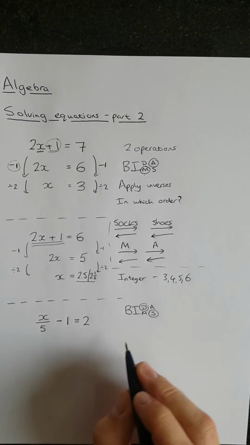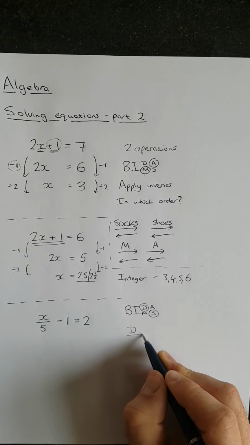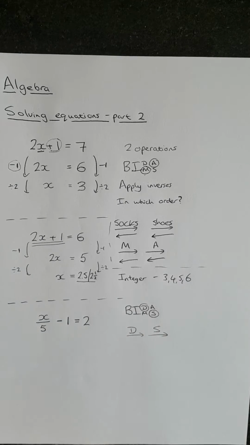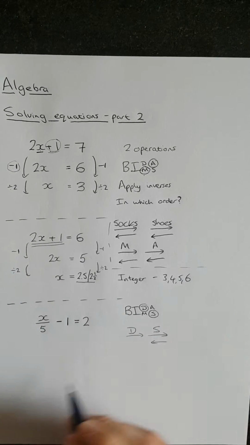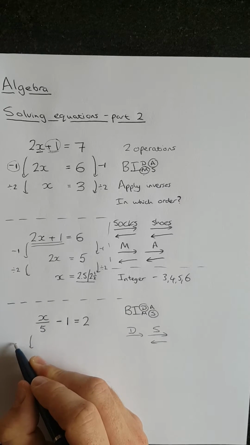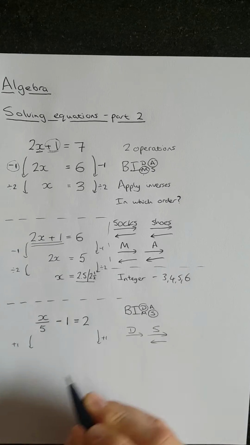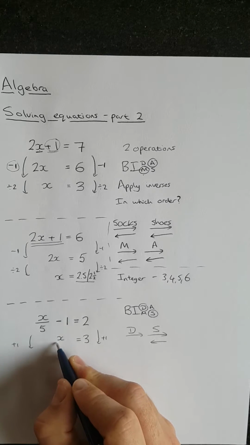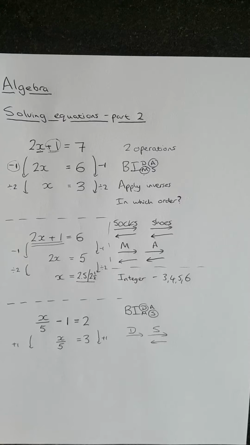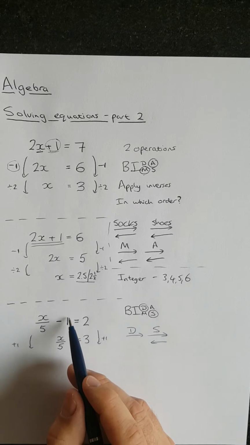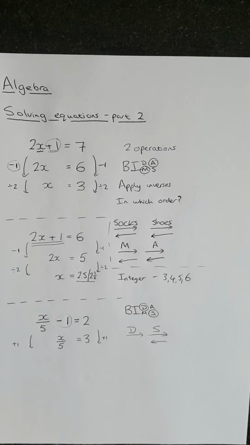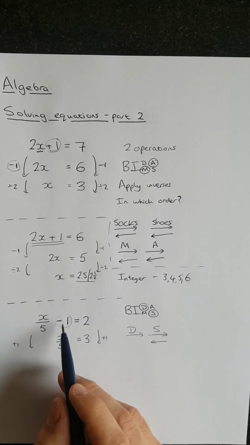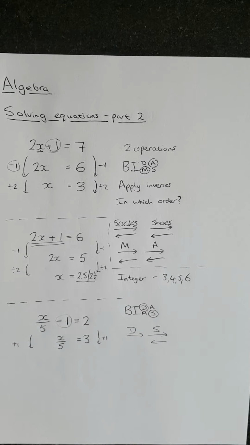So, we're going to reverse this process by adding 1 to both sides. Remember that this cancels out the subtract 1. That is our aim, our purpose, to get rid of these two operations.